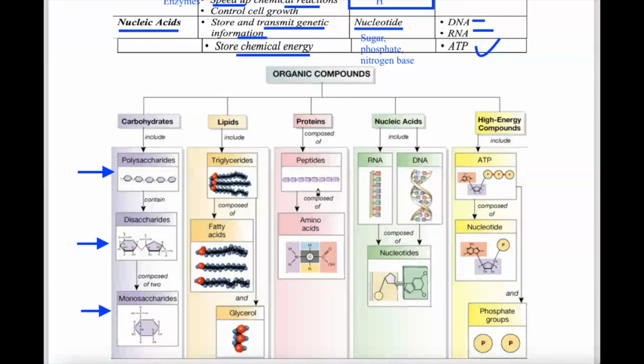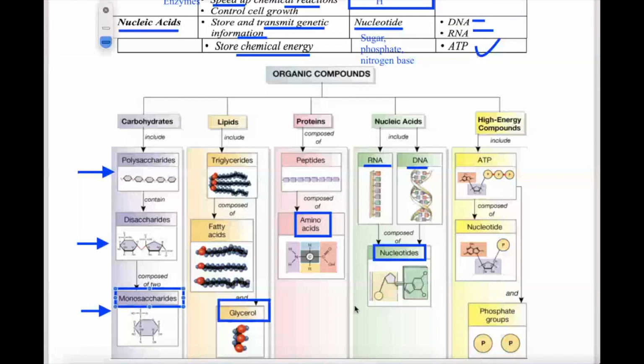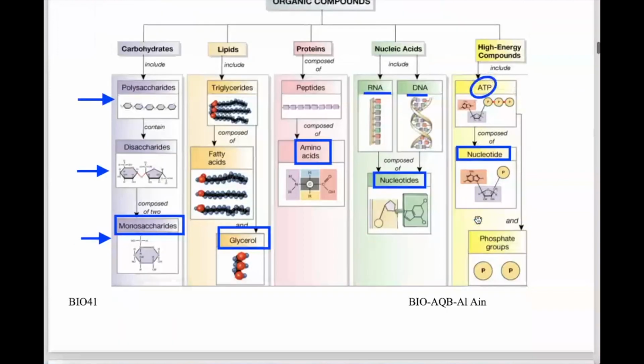Proteins are made up of amino acids. Nucleic acids are made up of DNA and RNA. Their basic unit is nucleotide. All basic units are written at the bottom. Now ATP is also one of the nucleotides, which is a very high energy nucleotide.